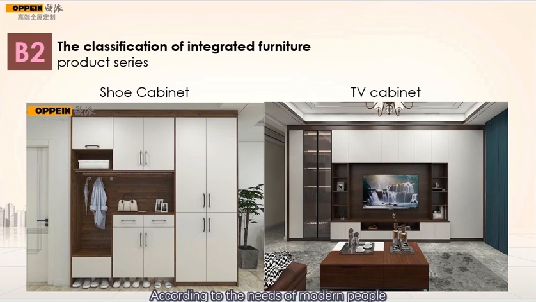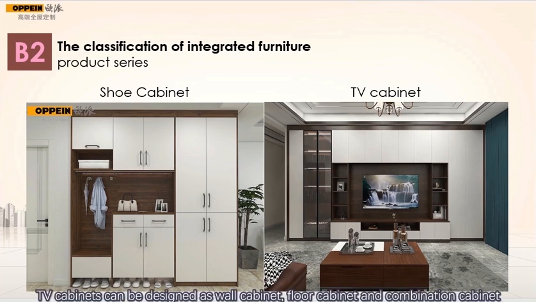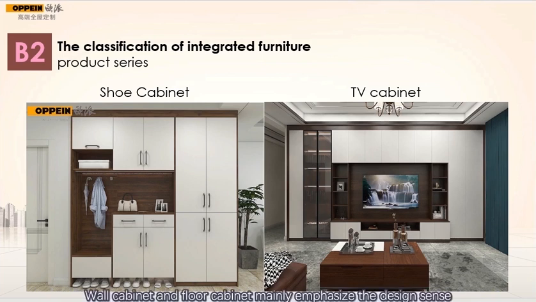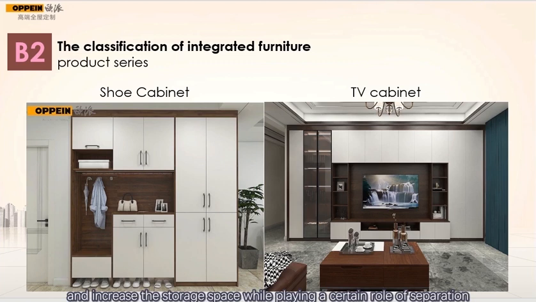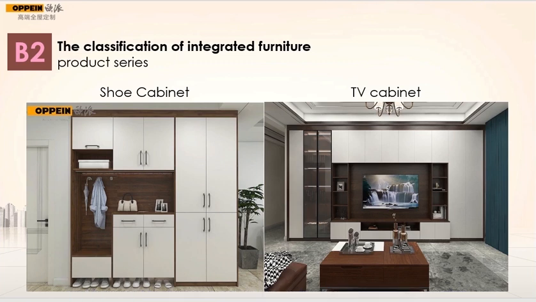According to the needs of modern people, TV cabinets can be designed as wall cabinet, floor cabinet, and combination cabinet. Wall cabinet and floor cabinet mainly emphasize the design sense between the TV and the TV wall, but the storage space is small. Combination cabinet can weaken the use of the TV wall and increase the storage space while playing a certain role of separation.